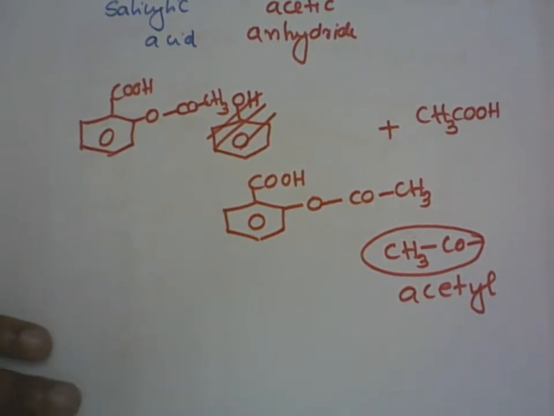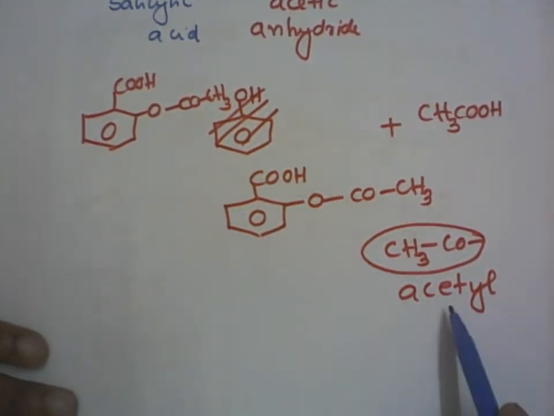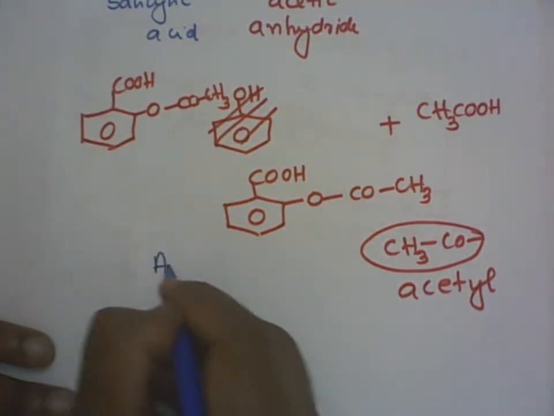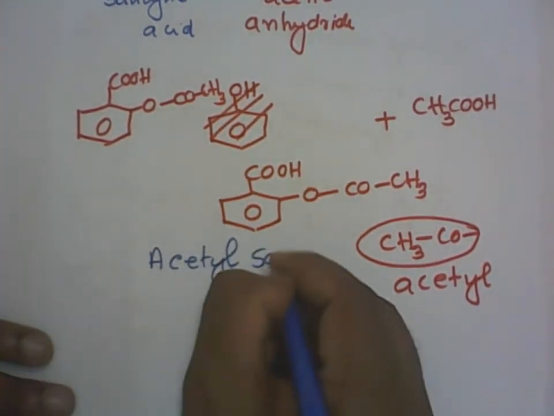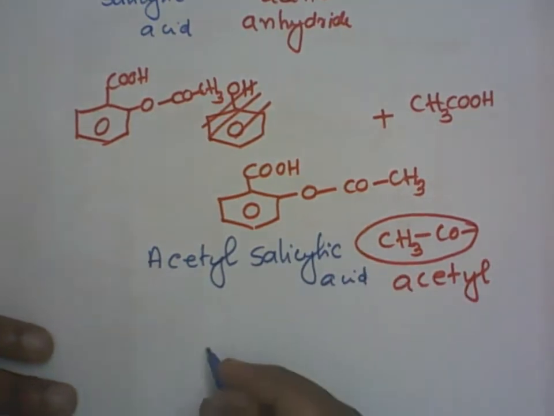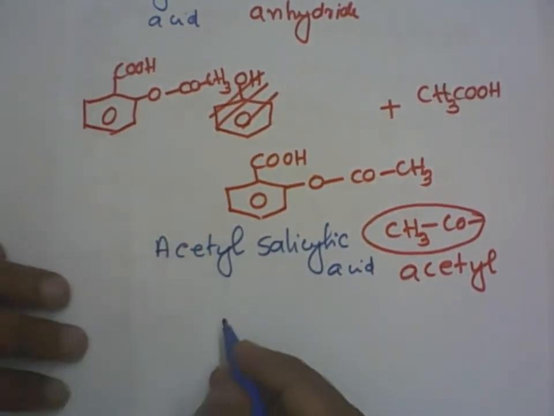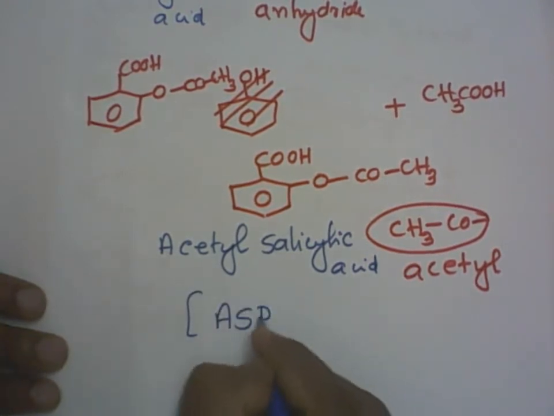Now we'll name the compound. This is mainly salicylic acid, the acetyl derivative. Therefore, it is called acetyl salicylic acid. This is the chemical name, and it is also known as aspirin.